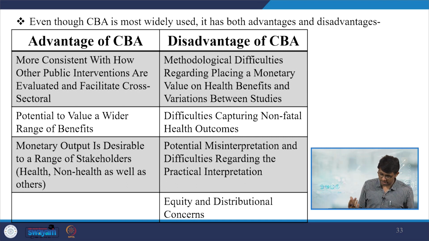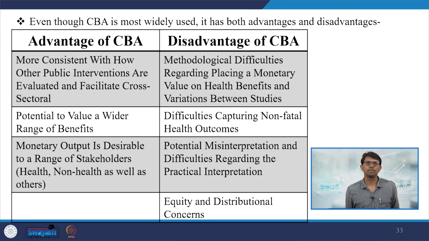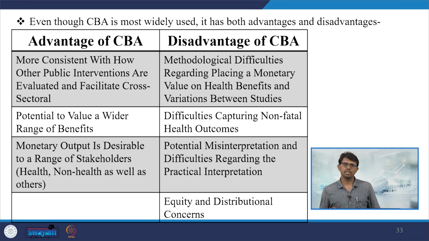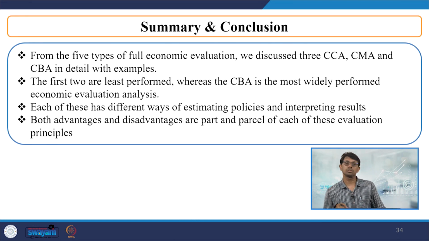Disadvantages include methodological difficulties in placing a monetary value on health benefits and between studies, and it is difficult to capture non-fatal health outcomes, with potential misinterpretations and difficulties in practical interpretation. And the last disadvantage of CBA is that equity and distributional concerns are not at all covered.